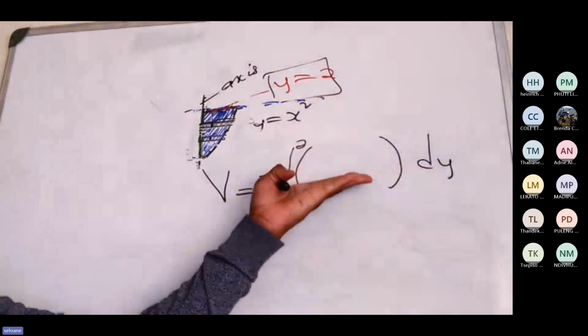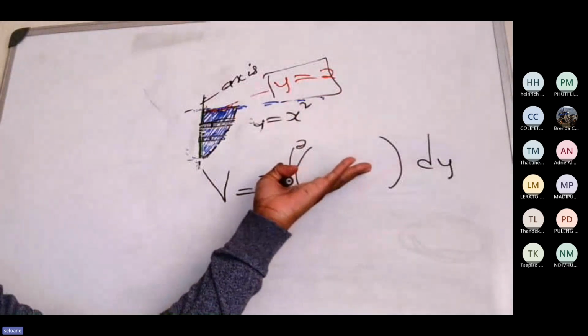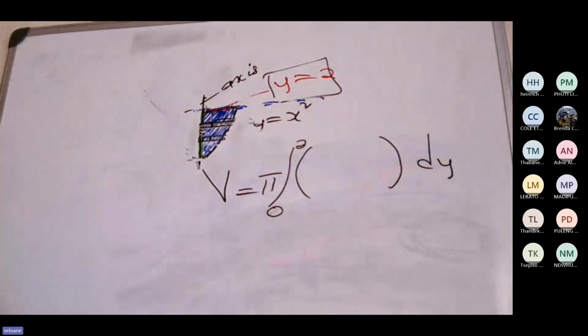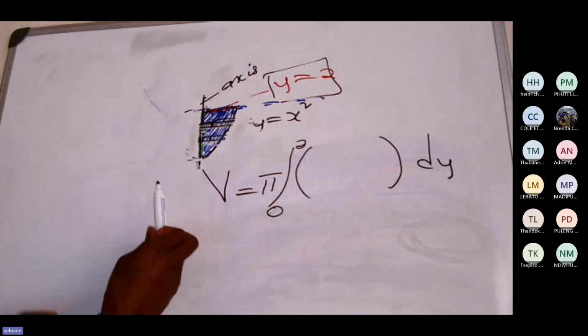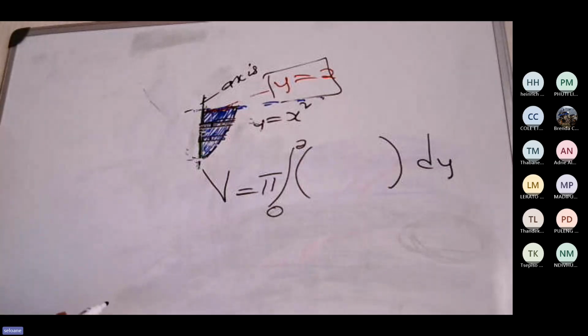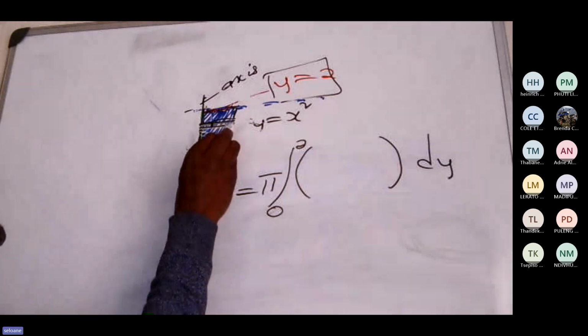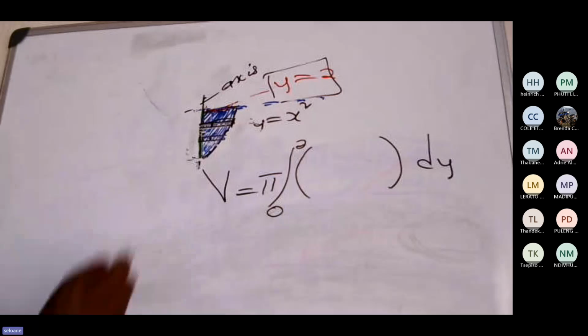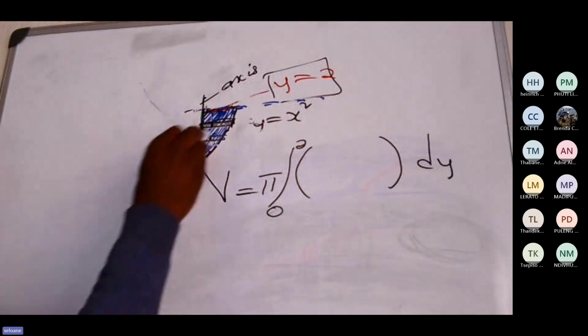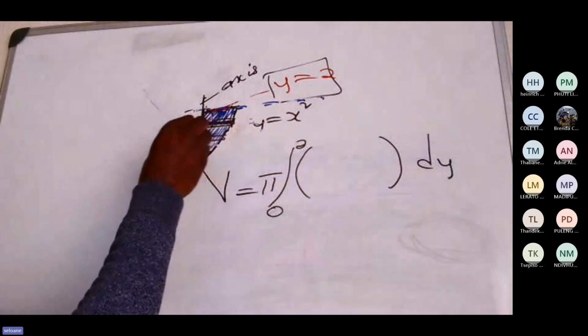Then from here, what is the integrand? What do we integrate? It will simply be the radius of your disk. What is the radius of your disk? It will be the distance from here up to the center, which is a horizontal distance.